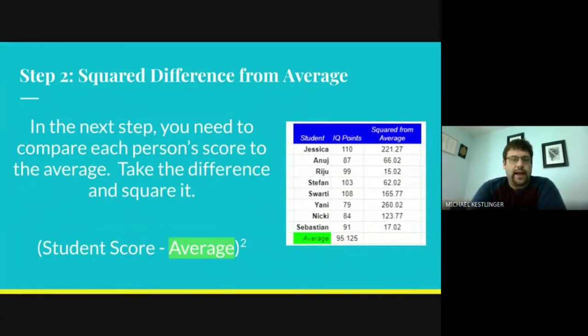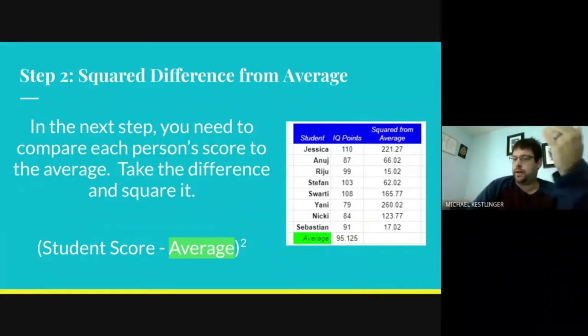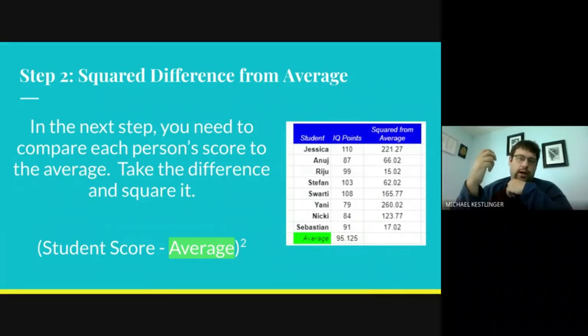But now we're going to take it to the next step and compare each person to the average. We know that Jessica was above average, but how much above the average was she? The reason we square the difference is that you can be on either side, above or below, so we square this number to get rid of the negative.